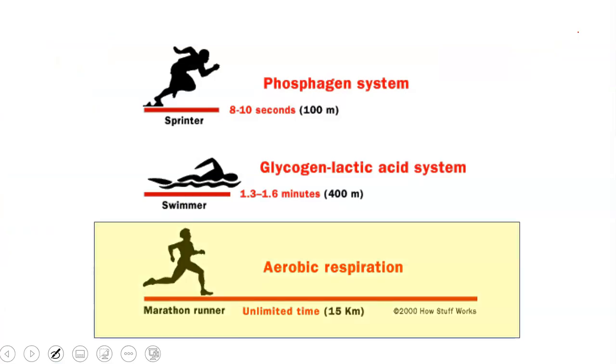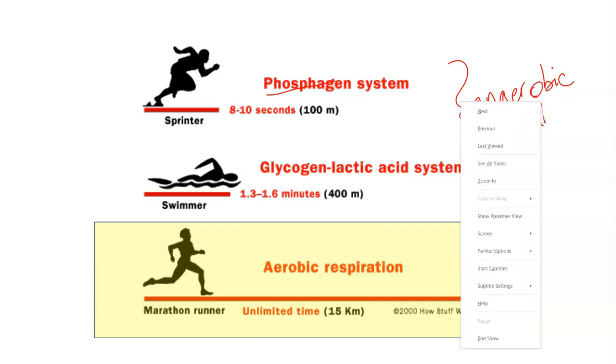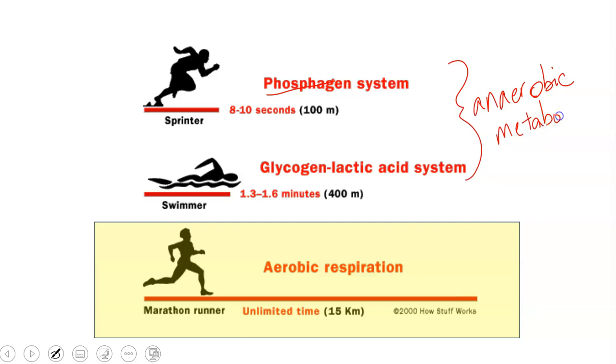So here is just an example to show you. I'm not concerned about you knowing about the phosphagen system, but essentially these two processes are what our body uses to make energy without oxygen. So these are examples of anaerobic metabolism.